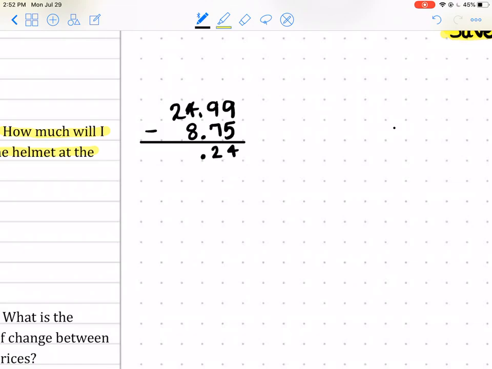Let me double check myself because this is where I make mistakes. My numbers don't always line up the way they should in my head. So $16.24 is the sale price. Remember, this was the discount that we found.